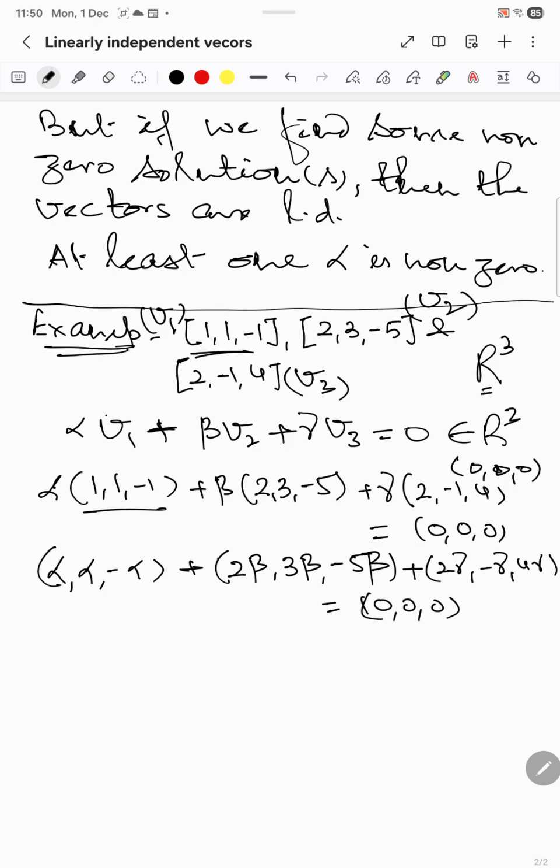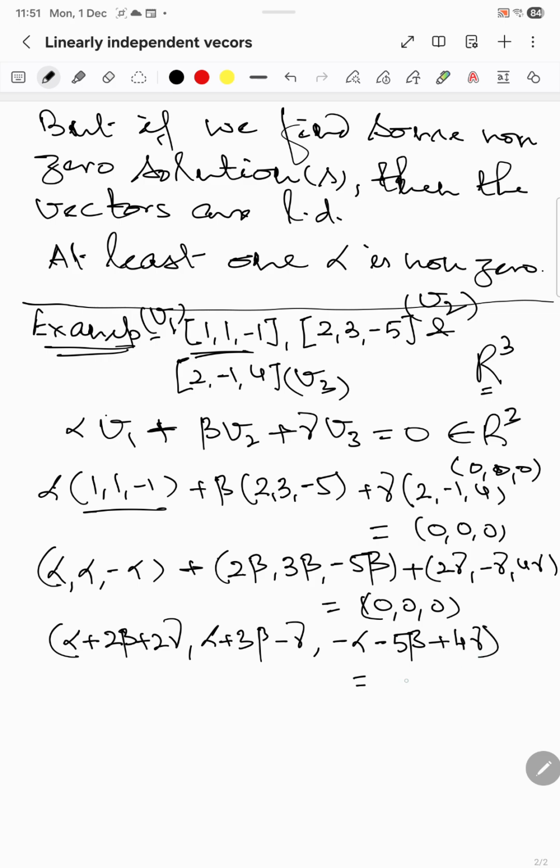Let us have one more step here. The addition will be performed component-wise. So we have alpha plus 2 beta plus 2 gamma, alpha plus 3 beta minus gamma, and minus alpha minus 5 beta plus 4 gamma is equal to 0.